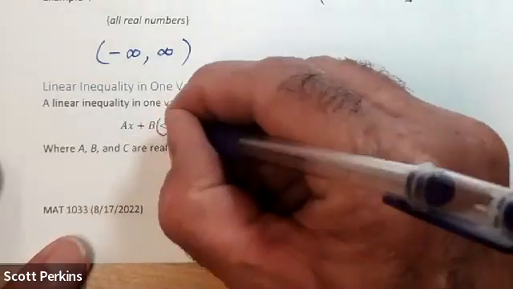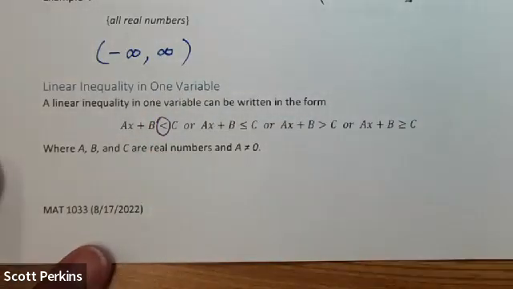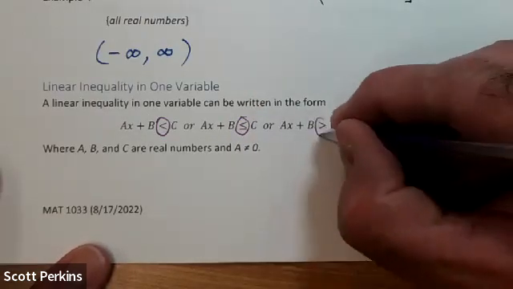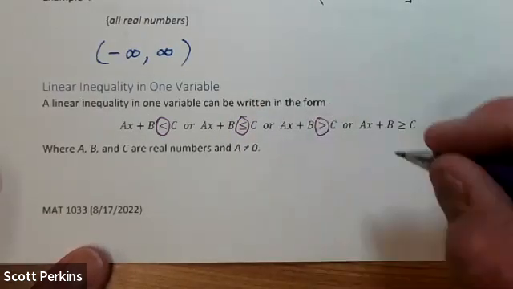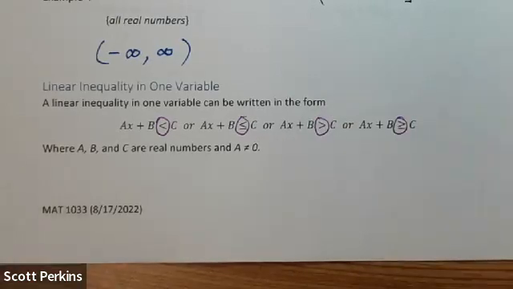It either has a less than symbol like this first one, a less than or equal to symbol like the second one, a greater than symbol like the third one, and last but not least, a greater than or equal to. That's what makes these an inequality. The steps for solving an inequality, thankfully, are almost no different than solving an equation. Okay, so that's the good news. So I'm going to flip the page.